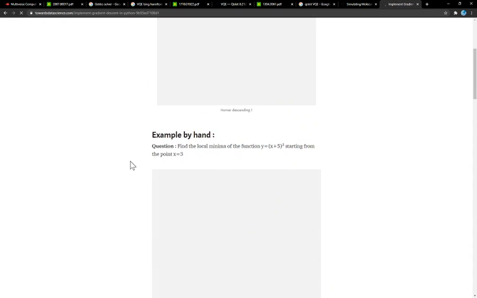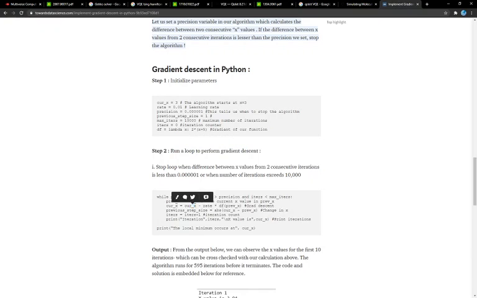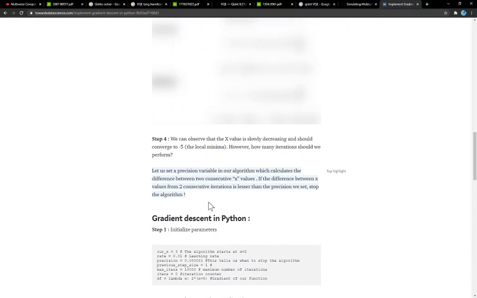Let's see. Gradient descent in Python. Initialize parameters. Run a loop to perform gradient descent. So what is the loop doing? df. So what is df doing? That sounds like the derivative.